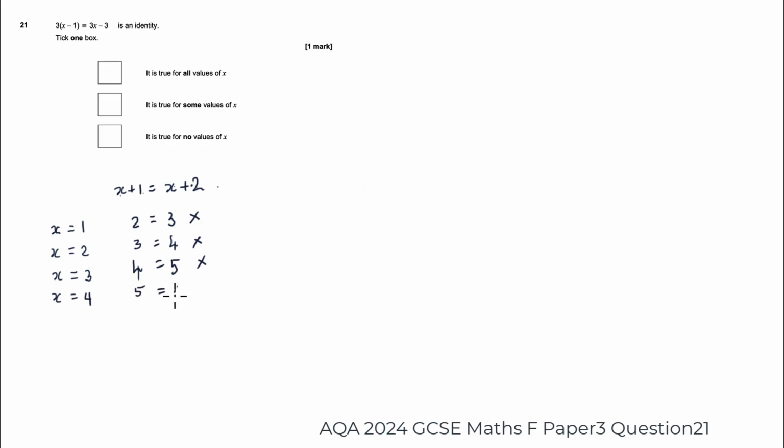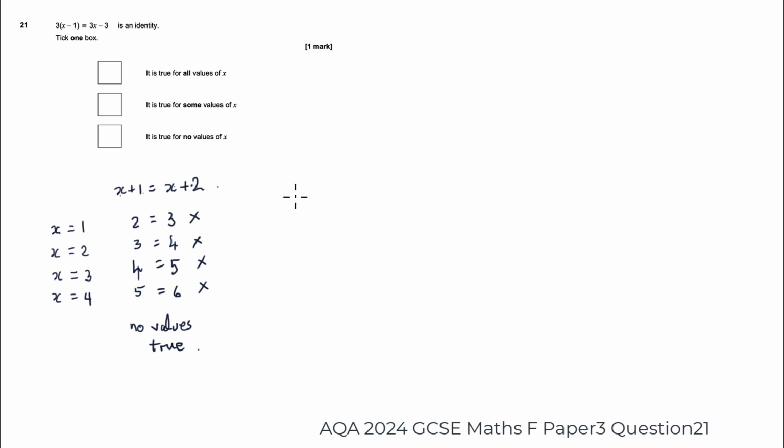And if we work through all these statements, none of them will be true. So no values true. So that's this box down here. There's a statement where no matter what you put in for x, you'll get false statements all the time. There's no value of x which will make the statement true.